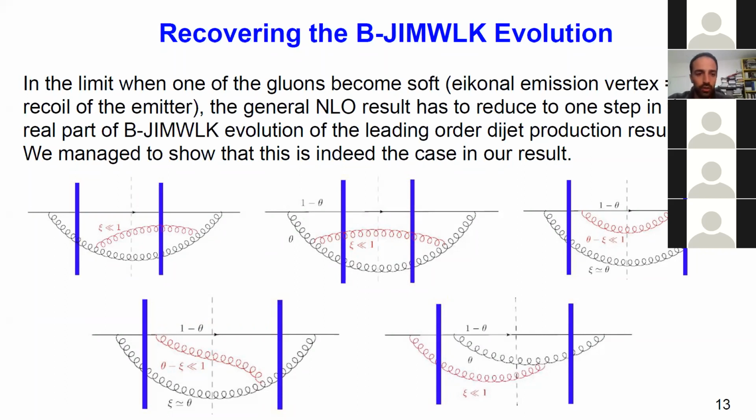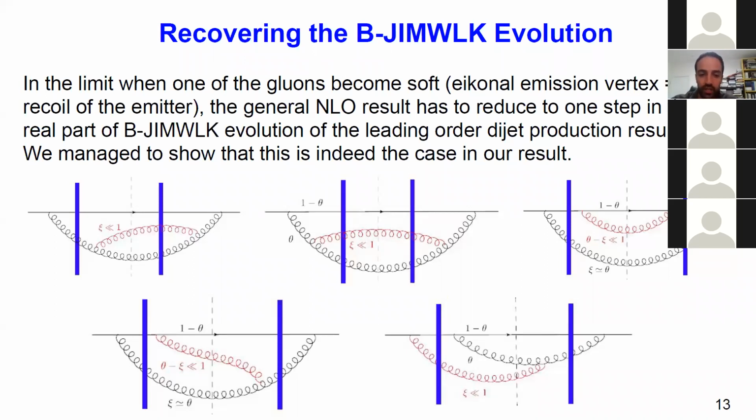So we took the result for the cross section, and we checked what we get when, for example, one of the partons becomes soft. We expected that by doing that, we would reproduce the JIMWLK evolution of the leading order result. And indeed, this is what we saw.